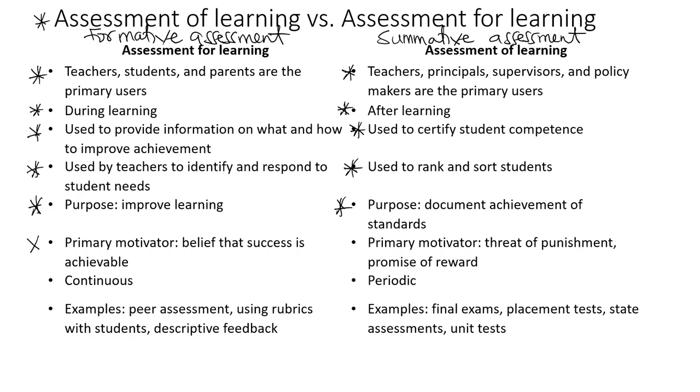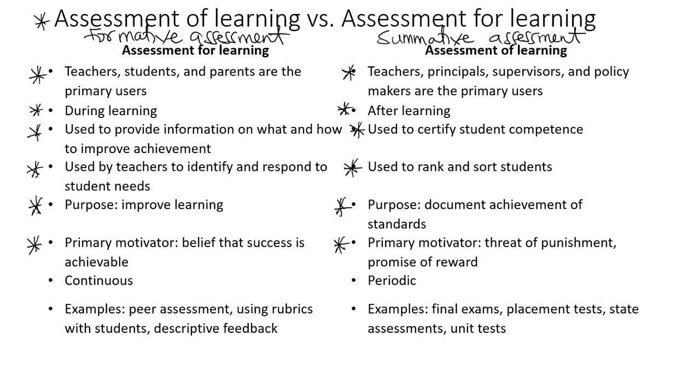Also, what is the primary motivator of each assessment? Really, in assessment for learning, we believe that success is achievable by any student. In assessment of learning, it is mostly a threat of punishment.